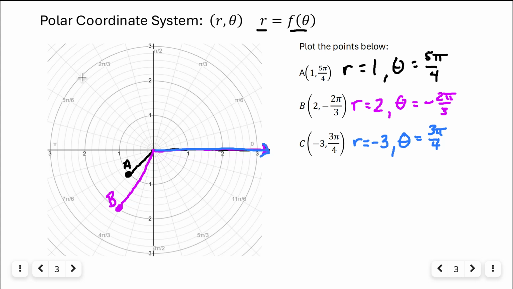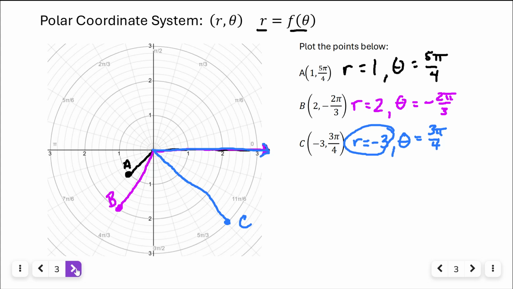Since radius is negative, I'm actually going to go out the other direction to 3 and make my value of C there. Okay, so when the radius is negative, you go the opposite direction as you would if the radius were positive. All right, that's how you plot points in polar coordinates.